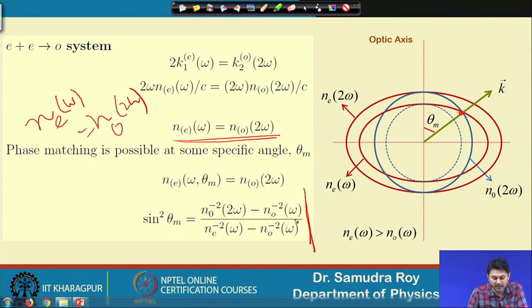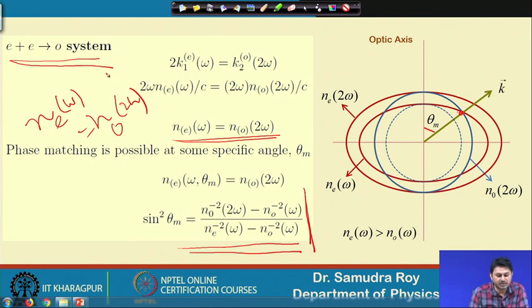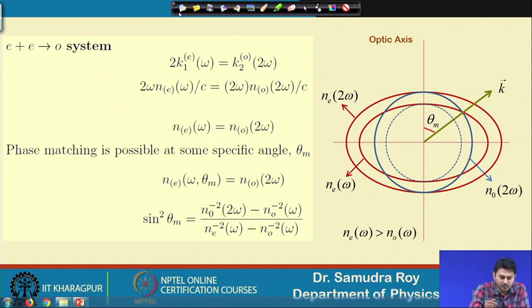In a similar way, if you calculate, you can have a result something like this. This is a result for which we are getting second harmonic, of the first type, but this is a system where two extraordinary waves generate one ordinary wave. In the previous case, two ordinary waves generated one extraordinary wave. In this case, two extraordinary waves generate one ordinary wave.